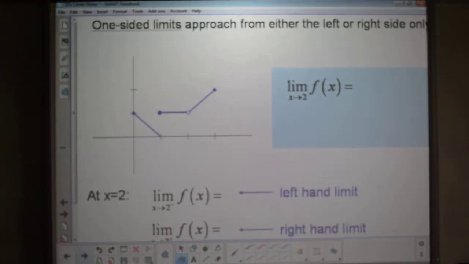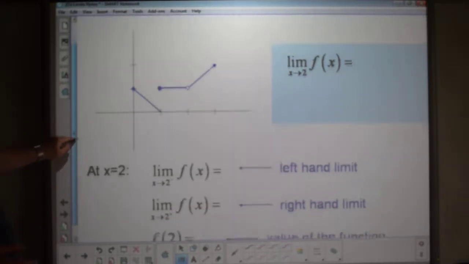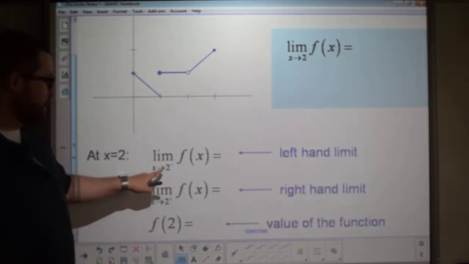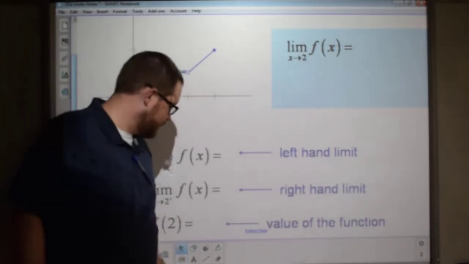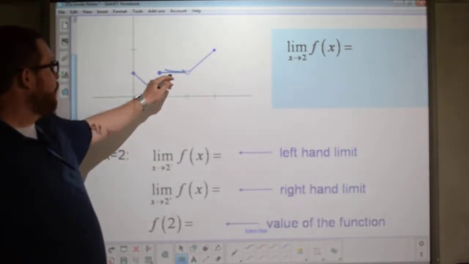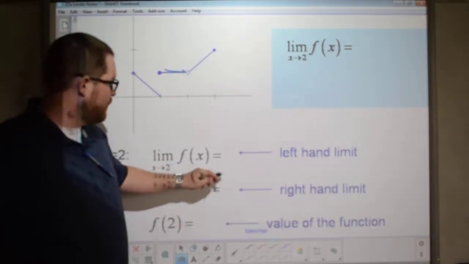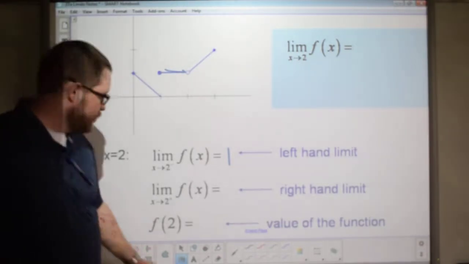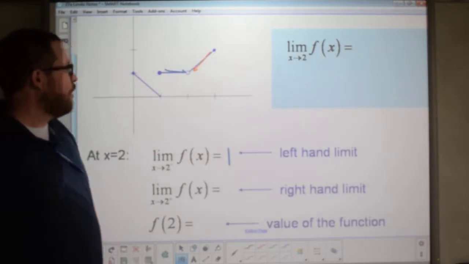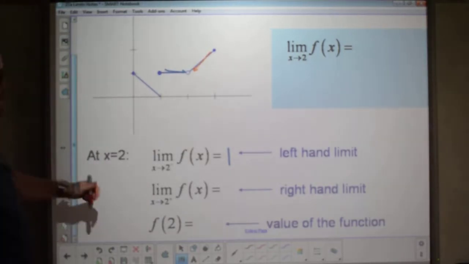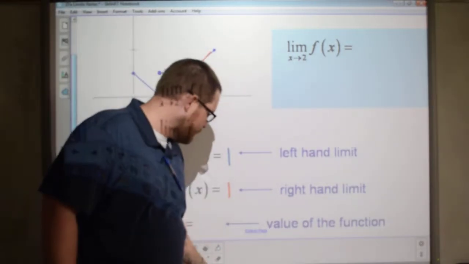One-sided limits we talked about earlier are from the left side or the right side. So this wants to know what's going on as x approaches 2 from the left side. So I'm coming from the left side, I'm going there. That is going to that hole, and the value of that hole is 1. 2 from the right side, 2 plus, 2 positive, come from this side. I'm also going to the same hole, and the y value there is 1.